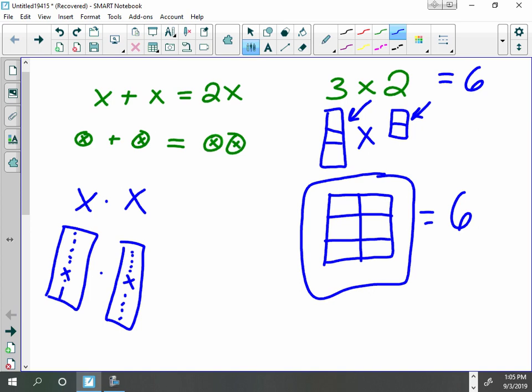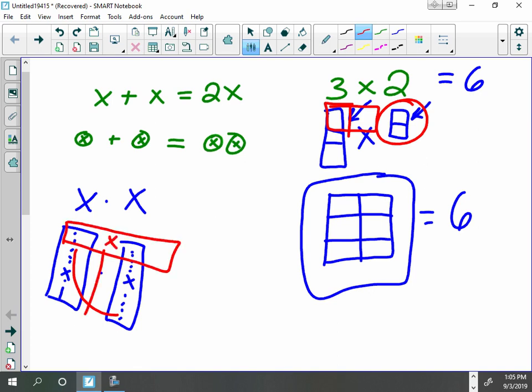So basically, on this side, I rotated that and stuck it in that orientation, and then I filled in the rest. Well, what shape is that? It's a square. So when you're adding things together, all you do is count the total number that you have. When you're multiplying, you create rectangles or squares. So x times x is going to be x squared.